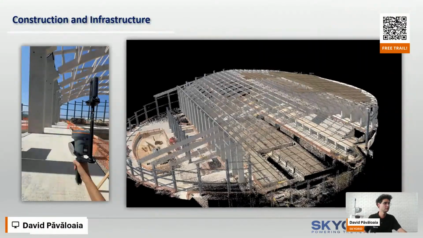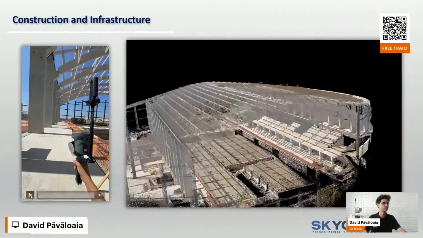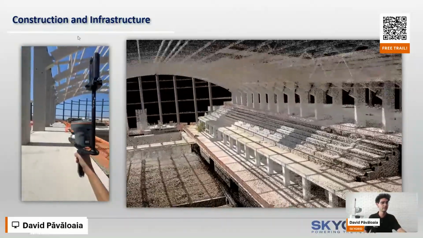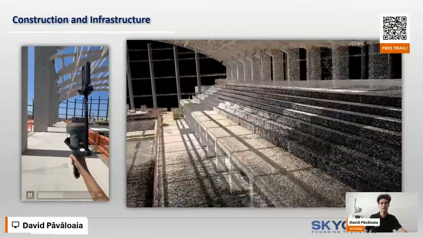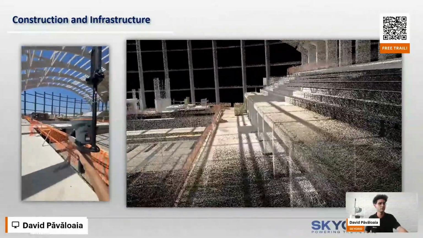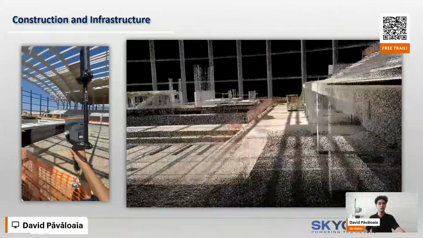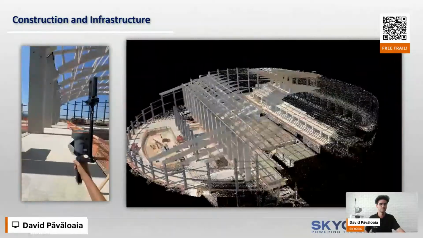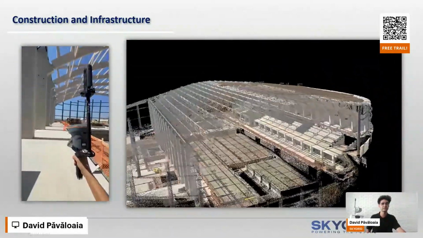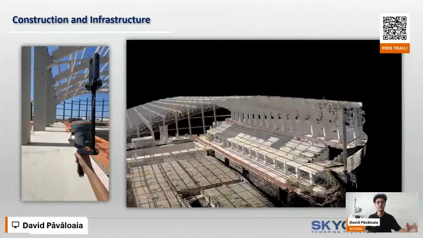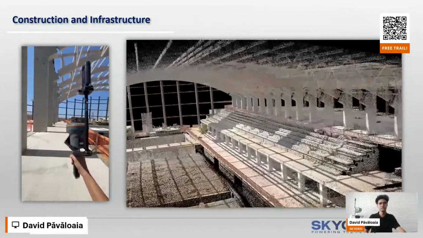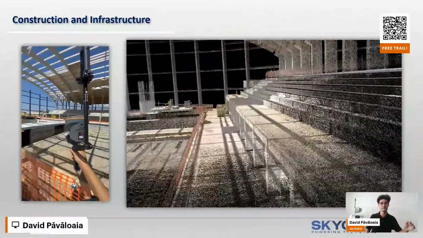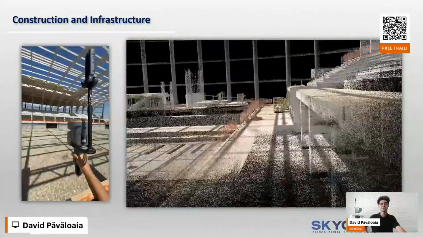For example, such as these construction sites, where a handheld mobile LiDAR scanner like the RS10, the one that I used here, is a really fast, efficient, and highly accurate tool for capturing 3D data, allowing me to quickly scan this complex environment, even in tight or hard to reach areas, without the need of a lot of equipment. In short, it just saves a lot of time, money, and also effort, while still delivering the quality data needed for really good decision making.